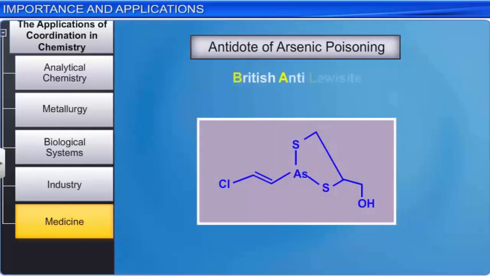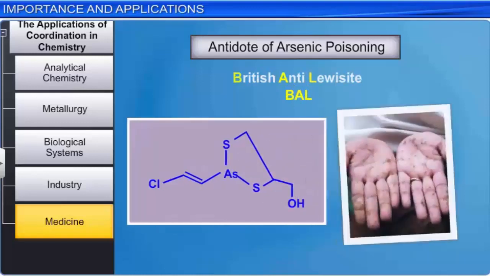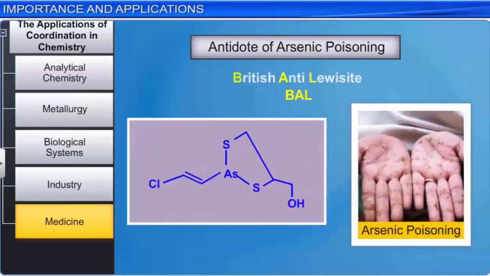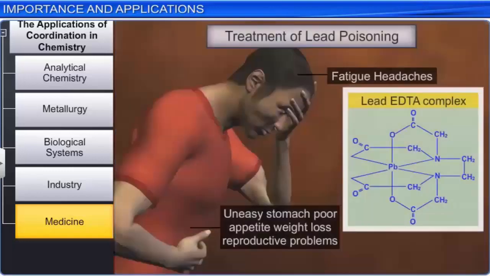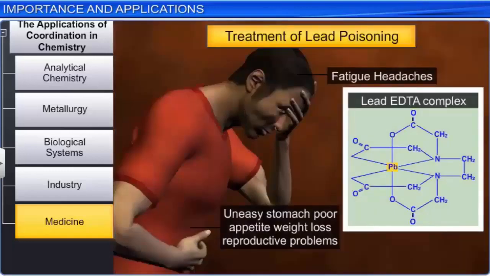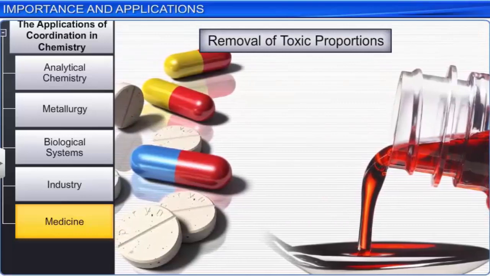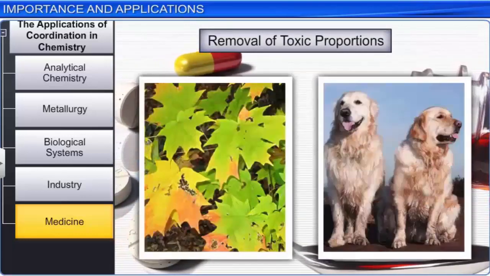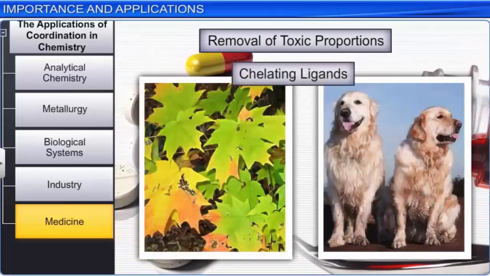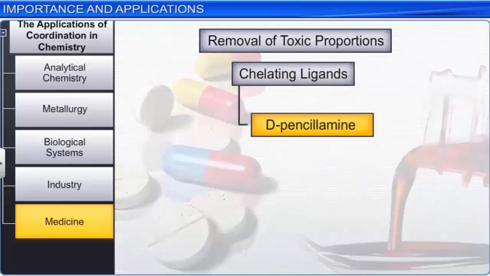Toxic proportions of copper and iron in plants and animals are removed by using the chelating ligands D-penicillamine and desferrioxime B via the formation of coordination compounds. Some coordination compounds of platinum are effective in inhibiting the growth of tumors. For example, cisplatin is used in the treatment of cancer.